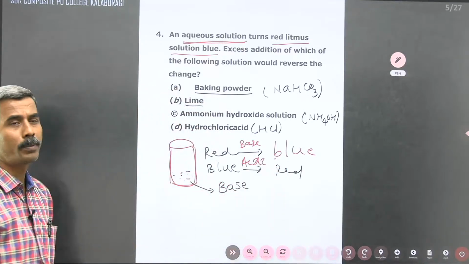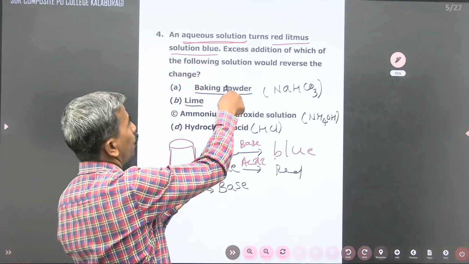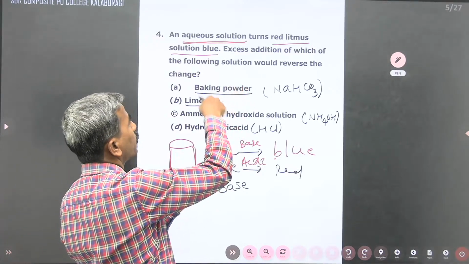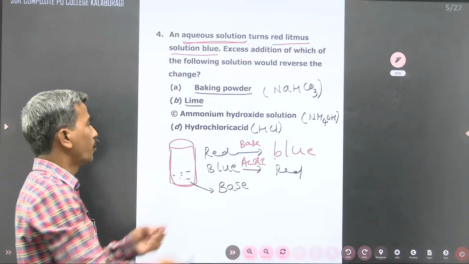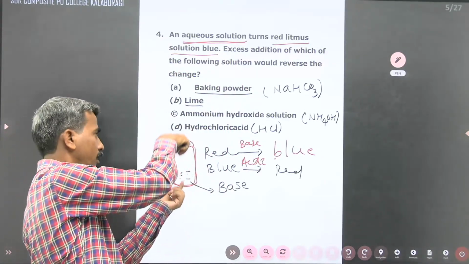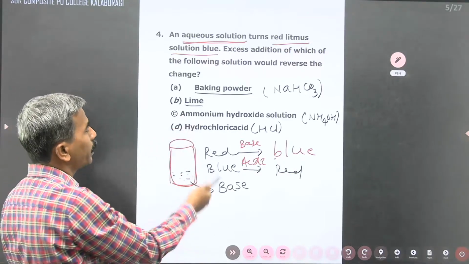Already in this test tube the solution is basic. Baking soda, lime, and ammonium hydroxide are all bases. If you add them to a base, the solution will still be basic, but I have to make it acidic.